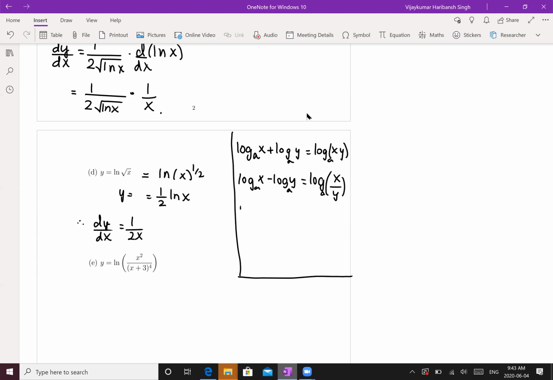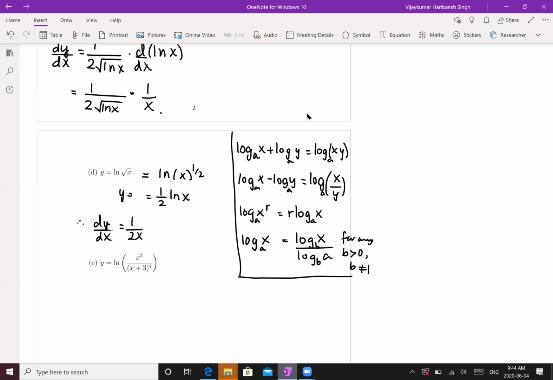Then we have log of x to the power r base a is r log x base a, and there's a base change formula, which basically is log of x base a is log of x over log of a to base b. What is b? b is any real number which is greater than 0 and b is not 1. So these are the laws of log.